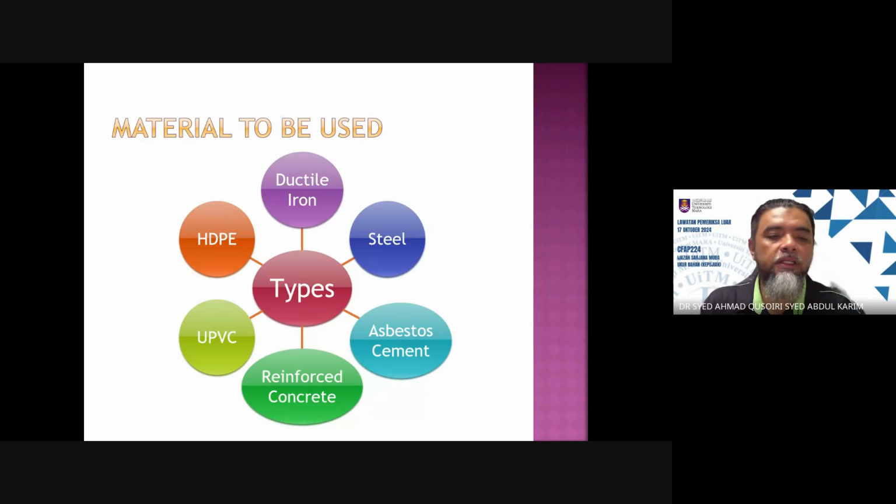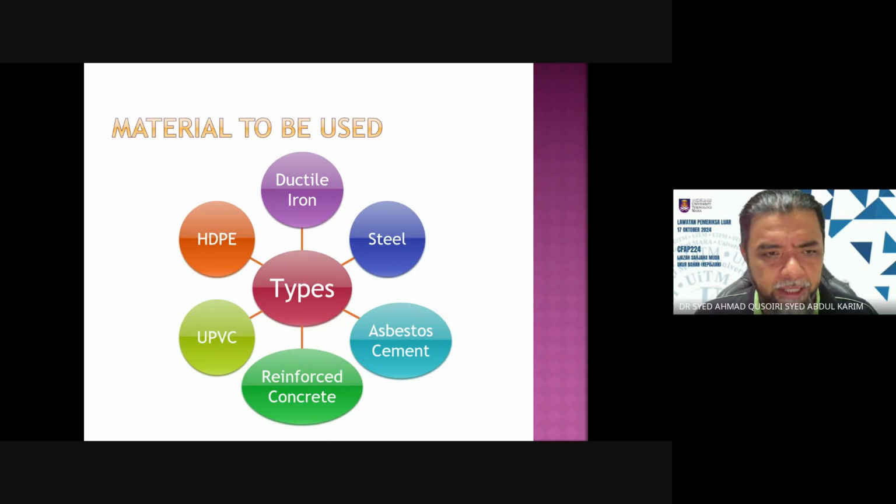Okay, in terms of the materials used for the pipes, there are many. Some of the pipes are old materials, not being used today, and some of them are still used, depending on the location.